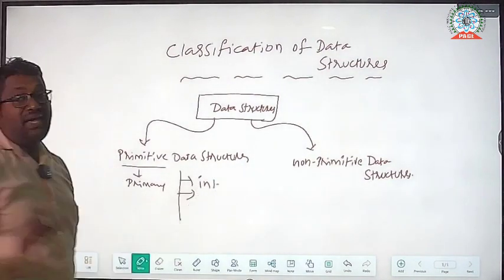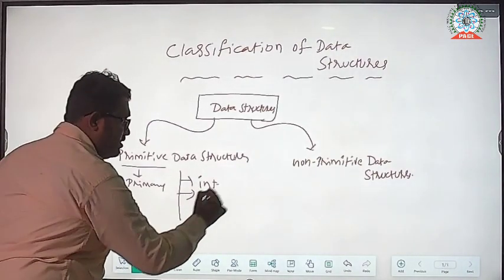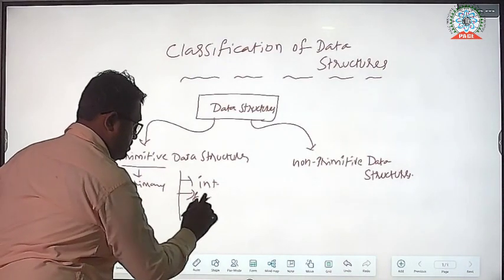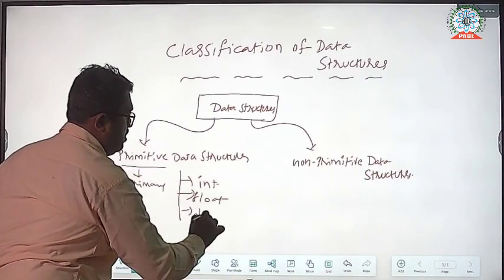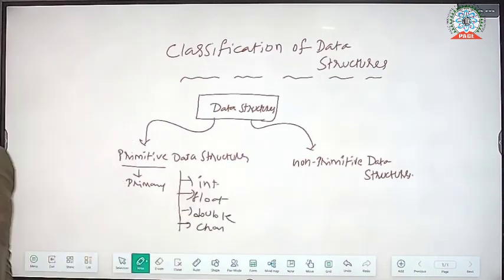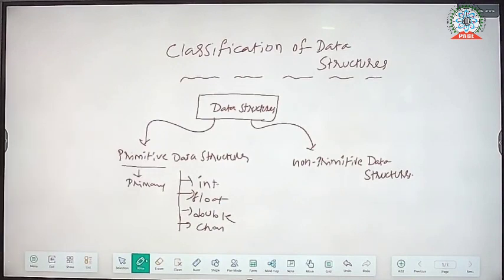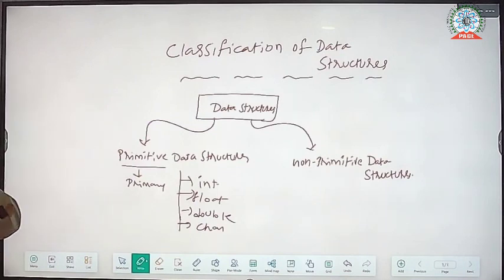That means our basic data types are said to be the primitive data structures: int, float, double, char, like that. All these primitive data types are considered primitive data structures, and they are used at a basic level of programming.